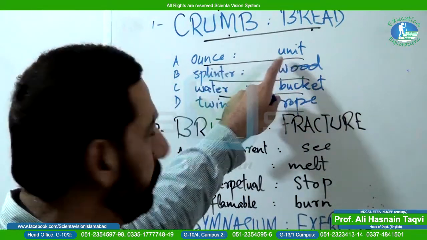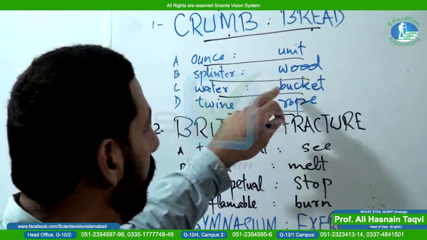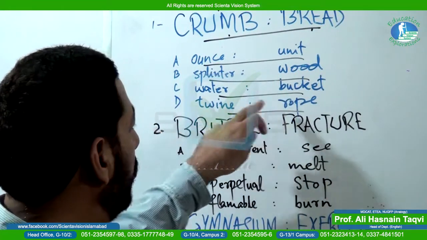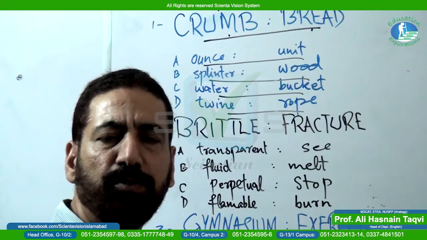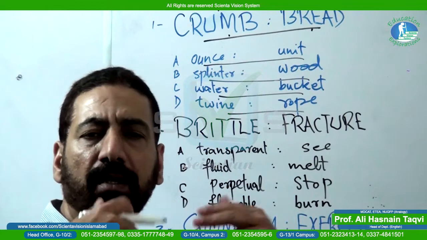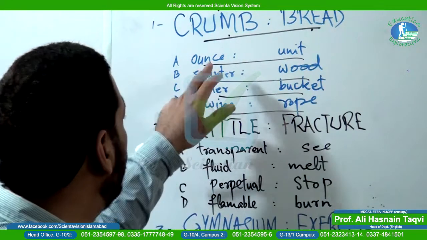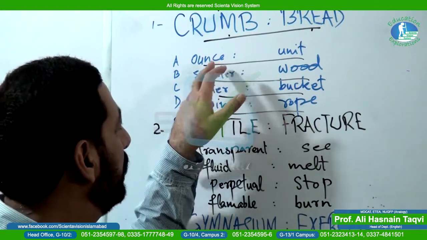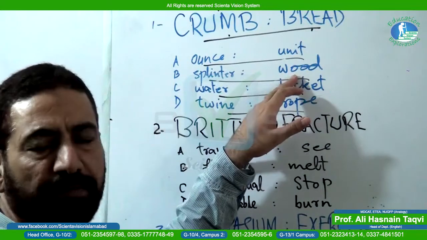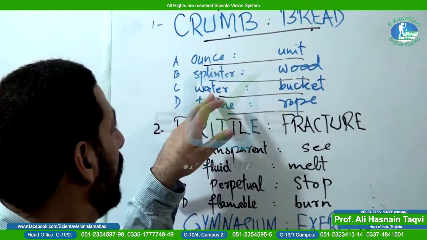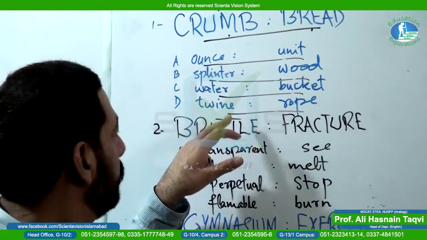Ounce, unit, splinter, wood, water, bucket, twine, rope. You know what? A good student is able to even understand the relationship on all the available options. So he would not have any difficulty in understanding this to be a measuring unit, this to be a piece of some whole, and this a container for something.